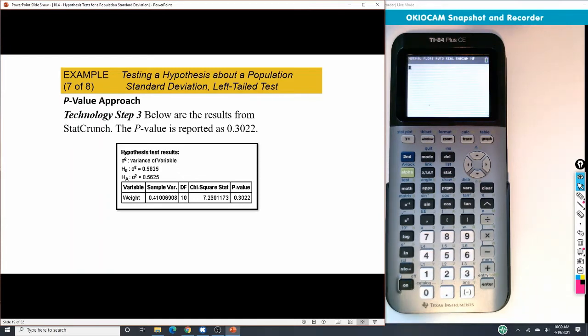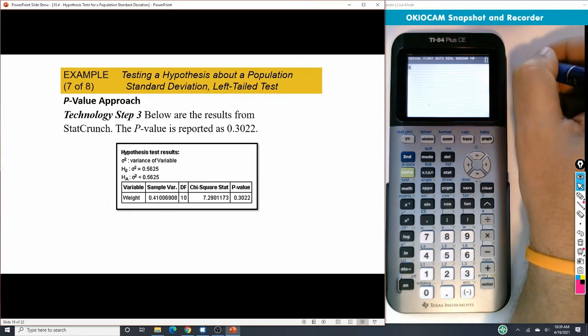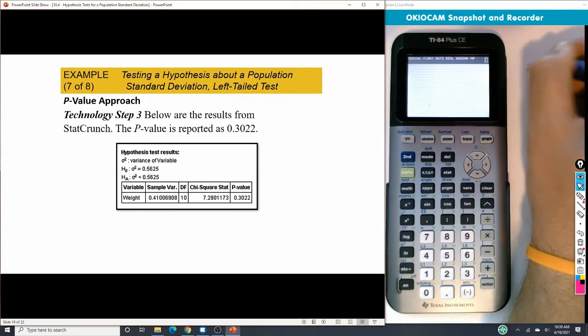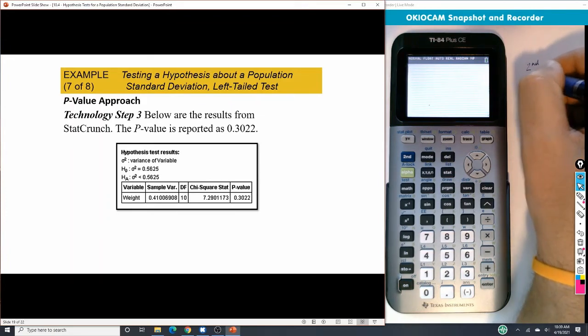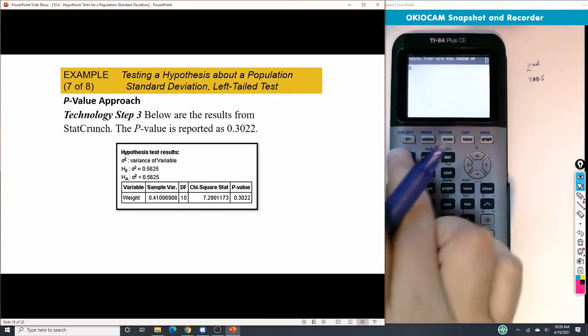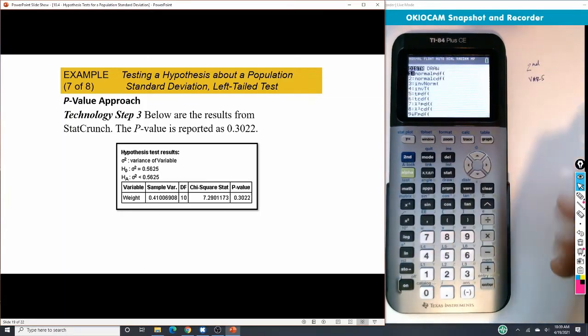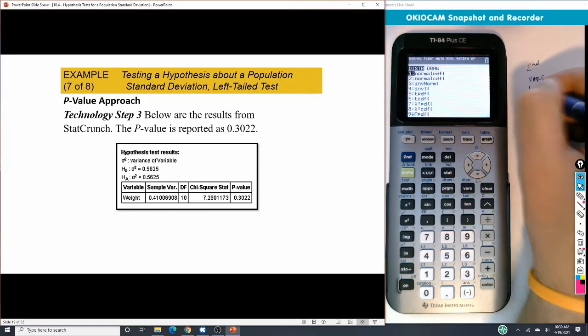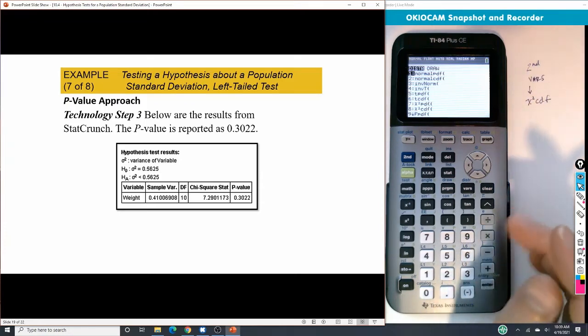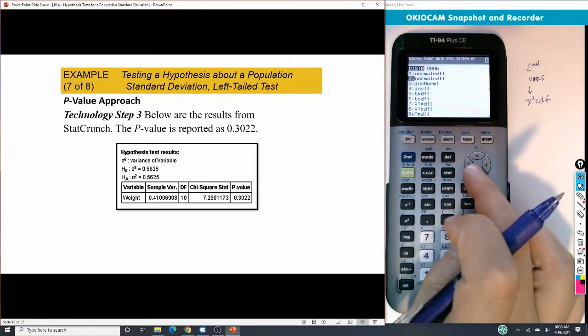And so we need to go into vars here. So we're going to hit second and then the vars. Okay, so second vars. And we're going to go down to chi-squared CDF. Okay, chi-squared CDF.